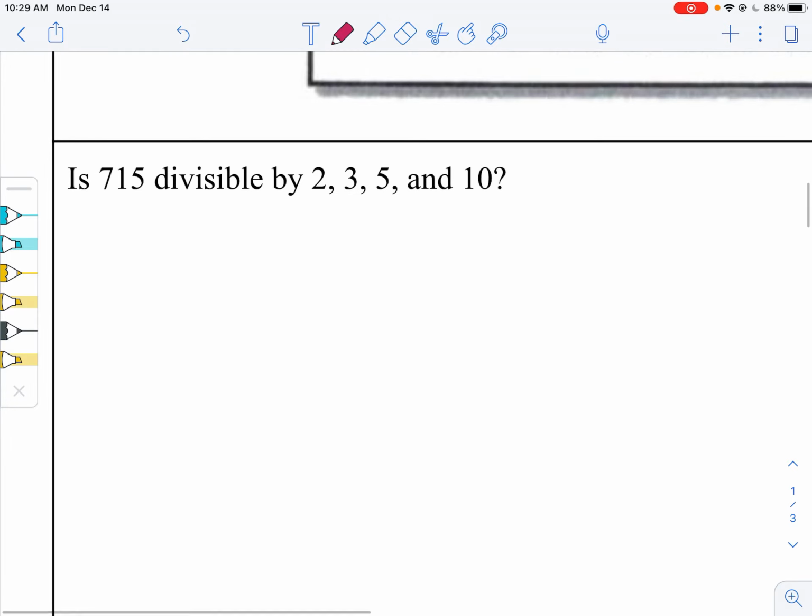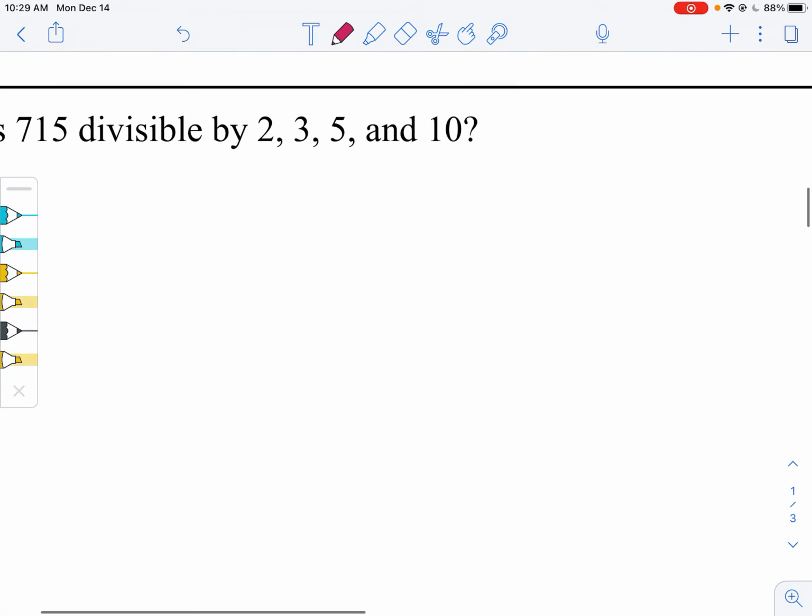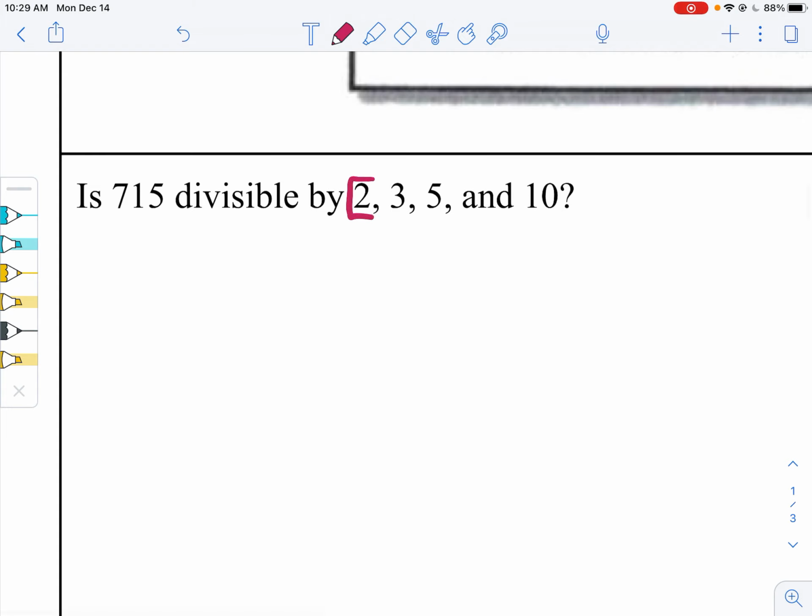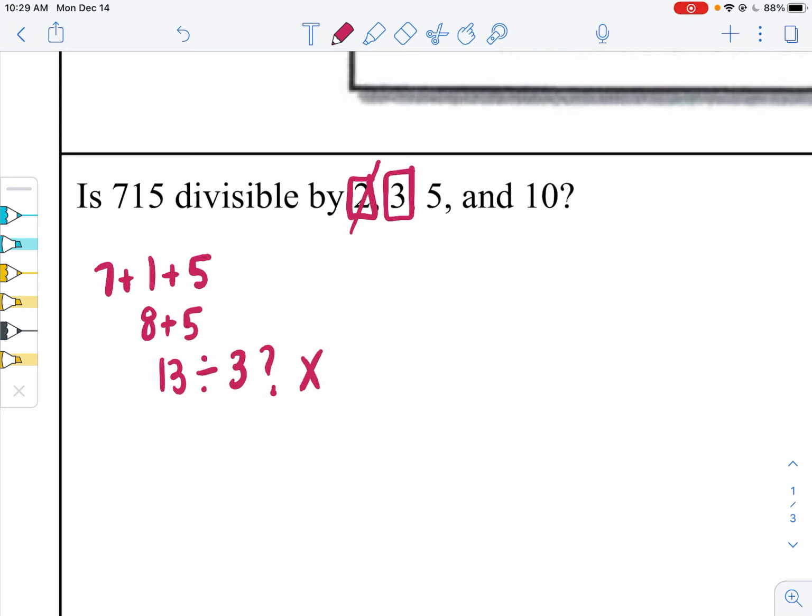We have to see if 715 is divisible by 2, 3, 5, and 10. We're going to start off with 2. 715 is not divisible by 2 because it doesn't end with a 0, a 2, a 4, a 6, or an 8. Now we test if it's divisible by 3. We take our digits and add them up: 7 plus 1 plus 5, or 8 plus 5, which is 13. Is 13 divisible by 3?